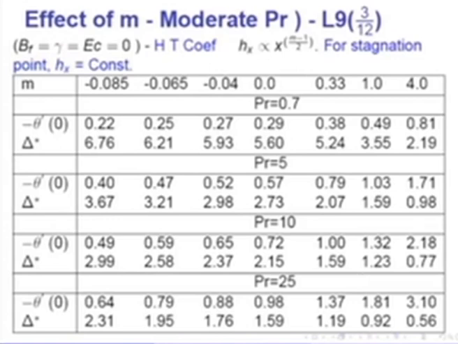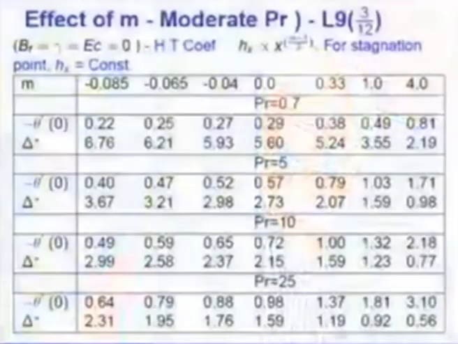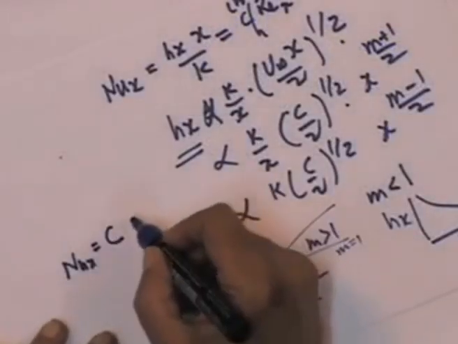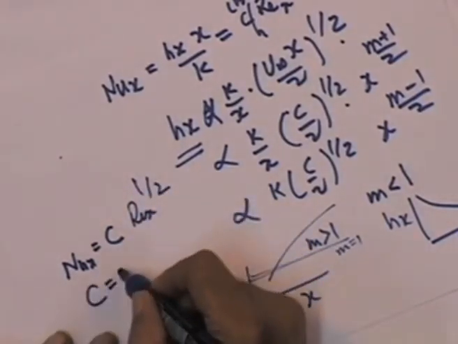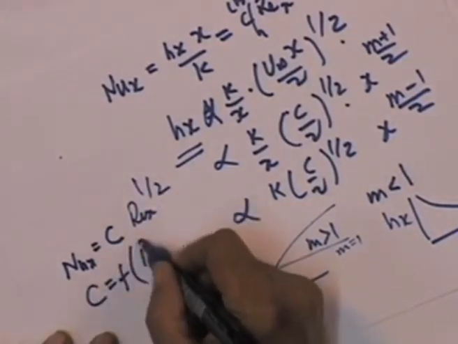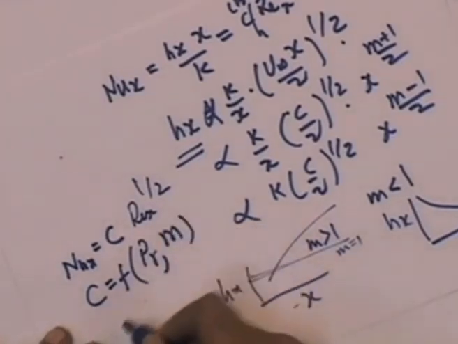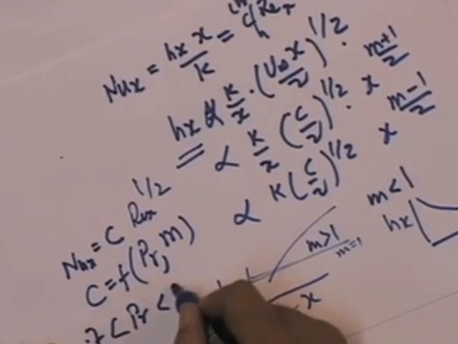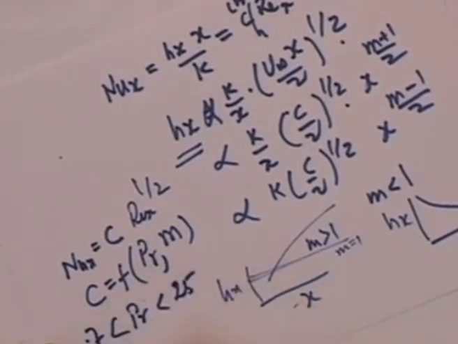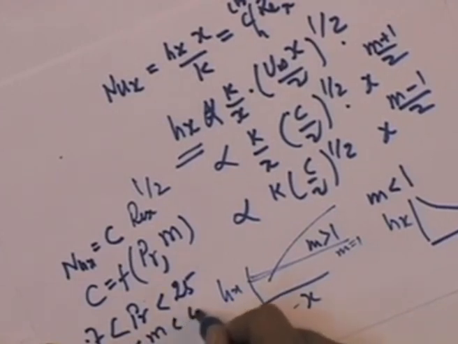Of course, it would be possible to develop a correlation of the form Nu x is equal to c times Re x to the half, where c is now a function of Prandtl number and m, for Prandtl number between 0.7 and 25 and m from minus 0.085 upwards.